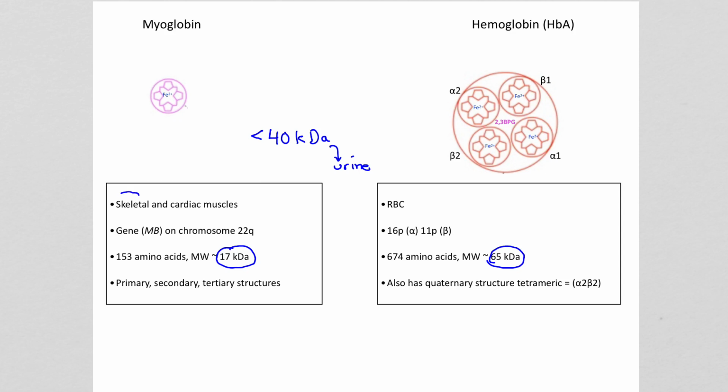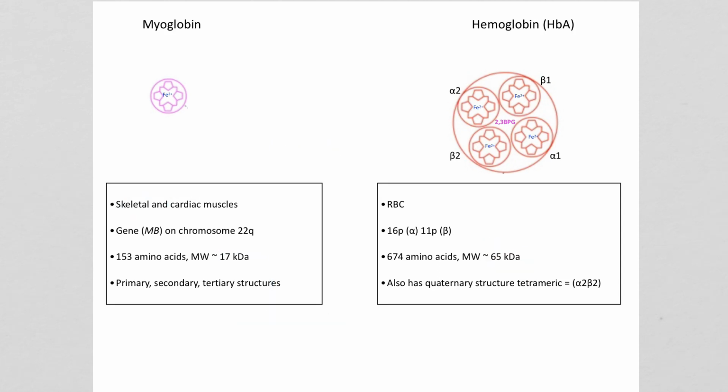This means when there is breakage of skeletal muscle cells or cardiac muscle cells, myoglobin could actually come out into the urine, and that is called myoglobinuria. However, hemoglobin is much greater than 40,000. It will not appear in the urine if there is excessive red blood cell breakage.